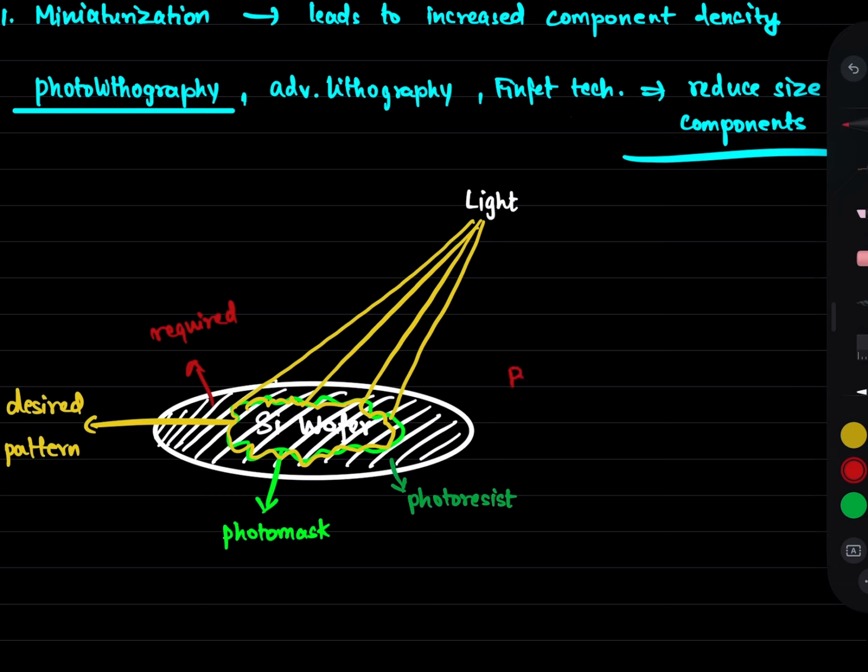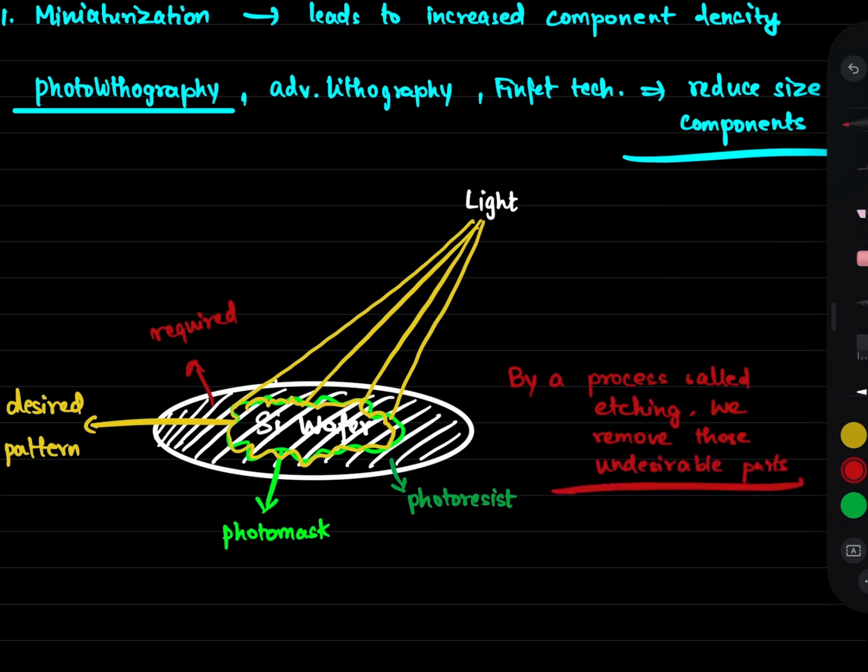So by a process called chemical etching, we remove those unwanted or undesirable parts. So this is the basic process of photolithography, simply speaking.